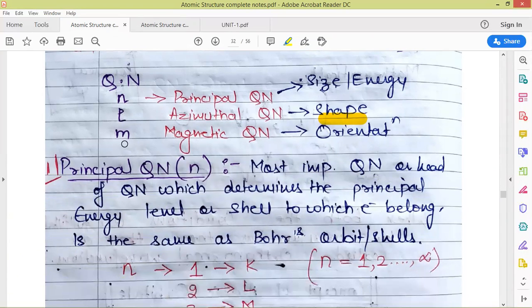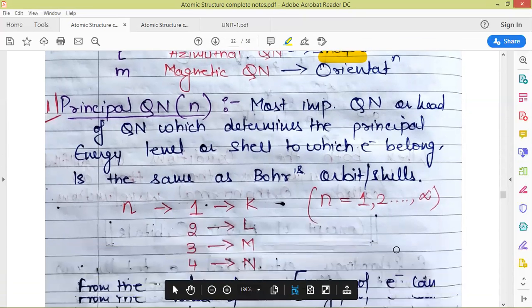The next quantum number is represented by the letter small m, which is the magnetic quantum number. It tells us about the orientation of that shape in three-dimensional space, how that shape is oriented in space where the probability of finding the electron is maximum.